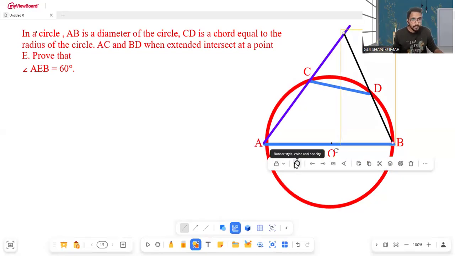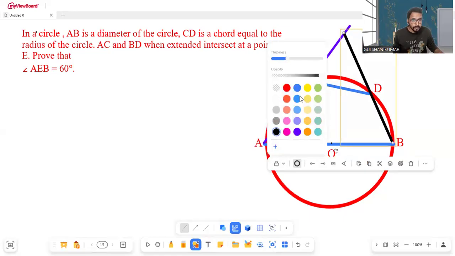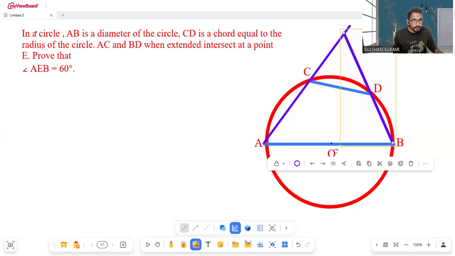We also increase its thickness. So here we have the question.